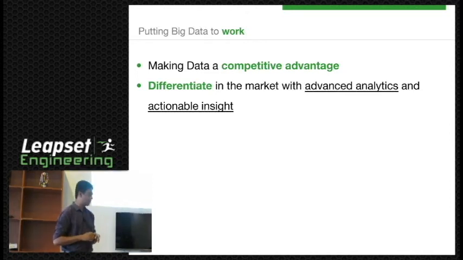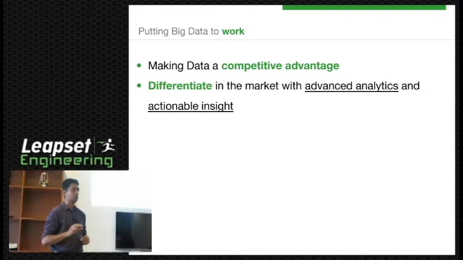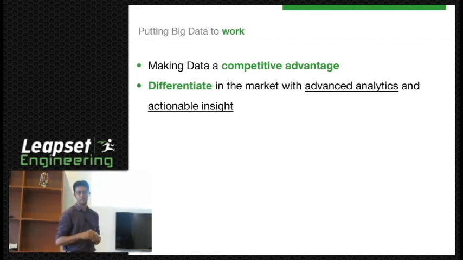We can differentiate in the market by providing very advanced analytics and operational insight. Actionable insight. I'm not just talking about showing graphs, but giving them advice: this is what you should do to increase your productivity or increase your sales. We can do that with data.